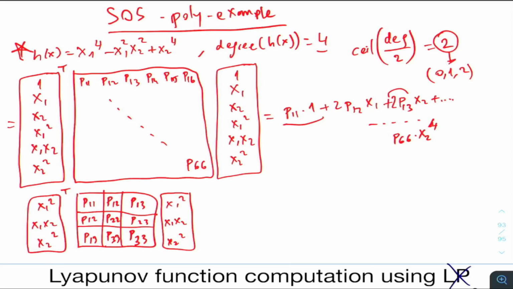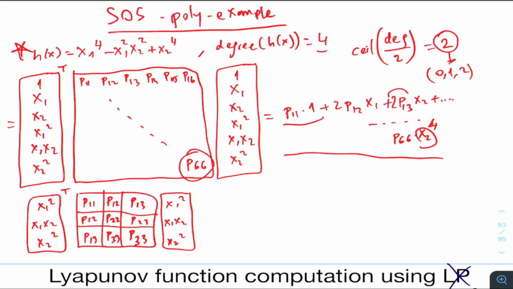All right, and you just continue iterating over this matrix, and the final term you would calculate is P66, not 2 because it's on the diagonal. 6 comma 6, 6 and 6, so x2 squared times x2 squared, x2 to the 4. And you write this, right?